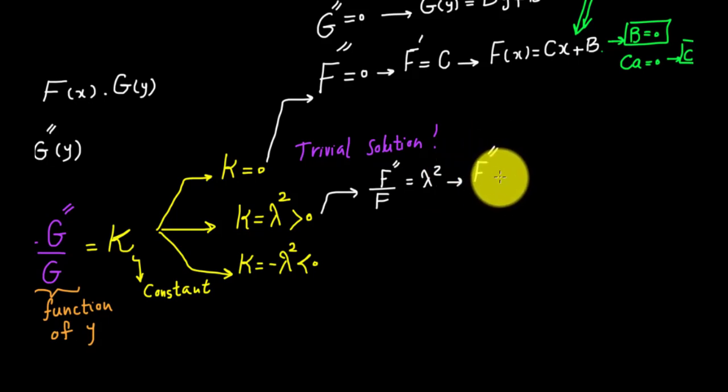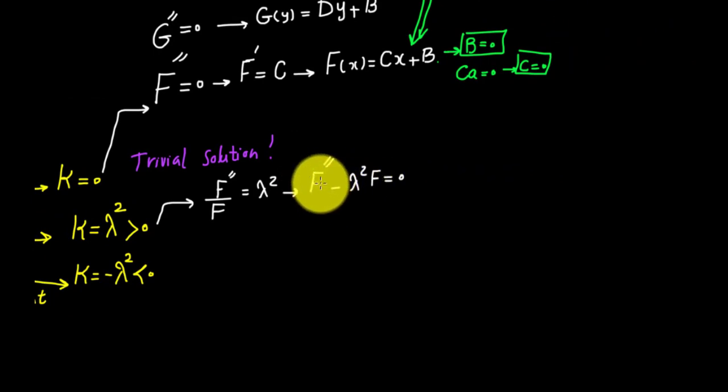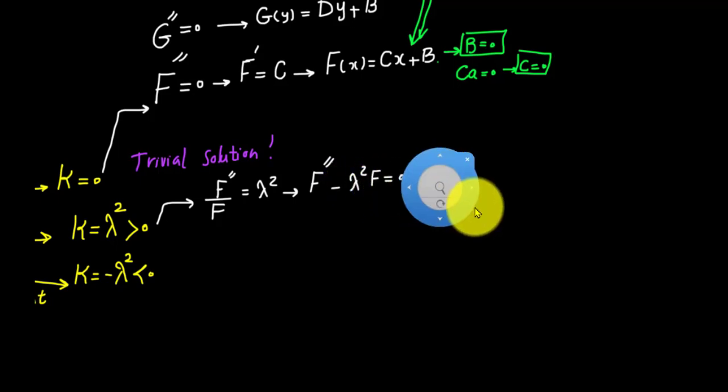That gives us f double prime minus lambda squared times f equal to 0, and then we can solve this ordinary differential equation because capital F is a function of x only, so it's an ODE with constant coefficients of 1 and minus lambda squared.